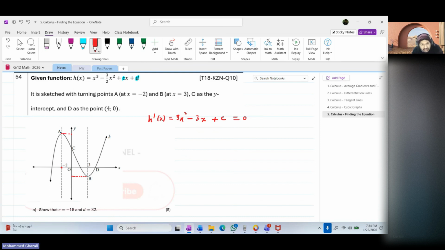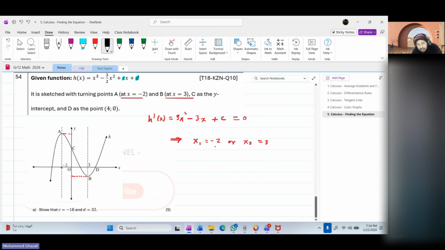But now look, when I solve this equation equal to 0, I'm getting two answers: x1 equals -2 or x2 is equal to 3. I already know the answer because they're telling us that the turning point occurs at -2 and 3.